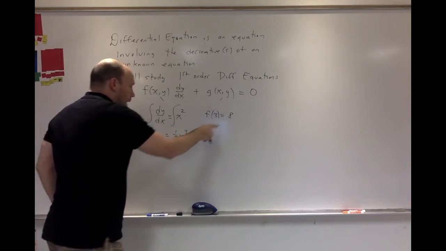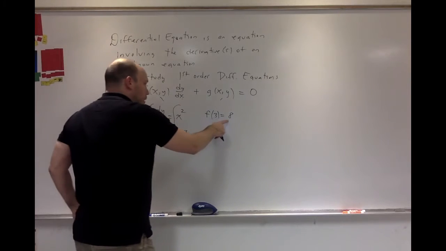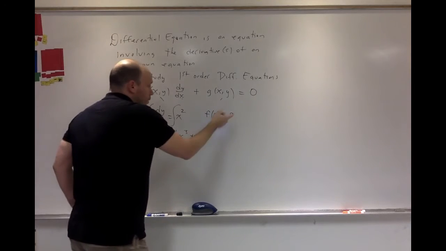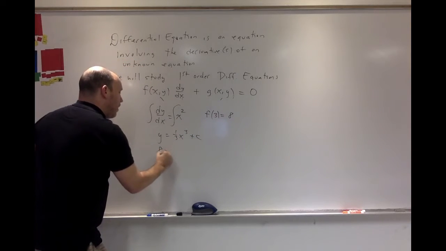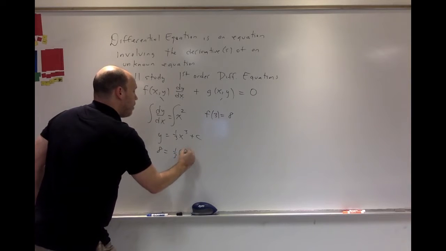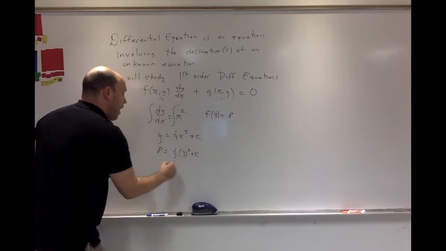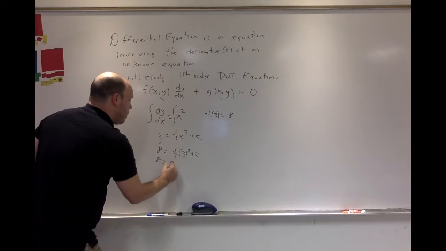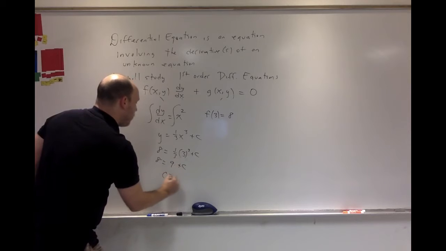The condition was f of 3 equals 8. So we know 8 equals 1/3 times 3 cubed plus c, and that was 8 equals 27 divided by 3 is 9, plus c. C equals -1.